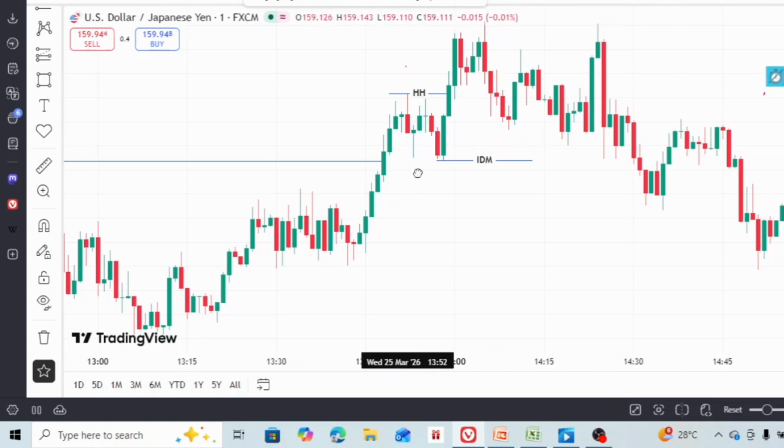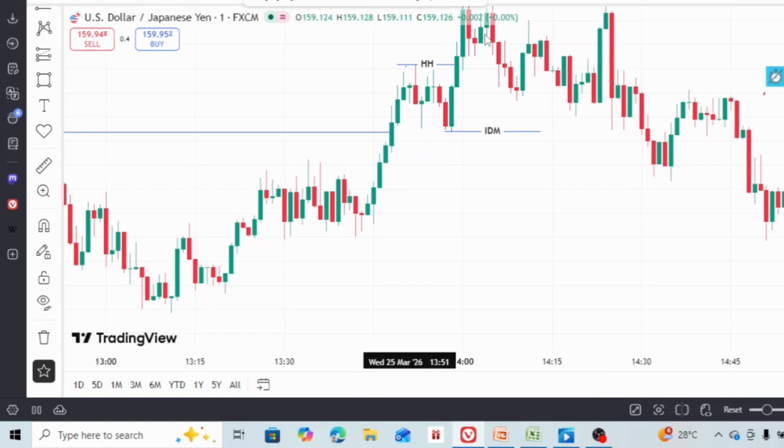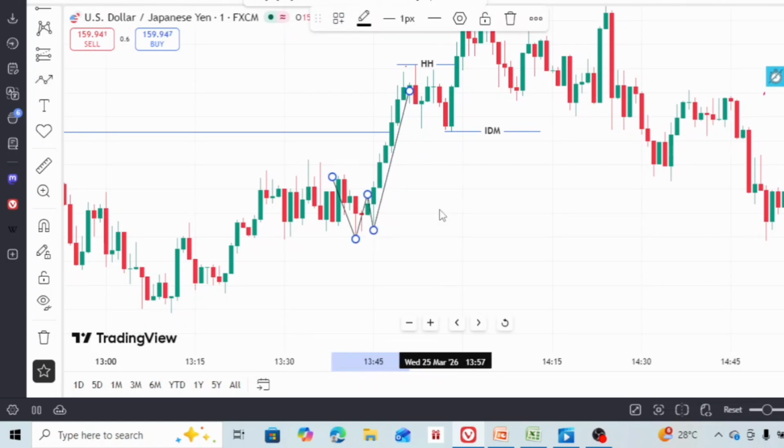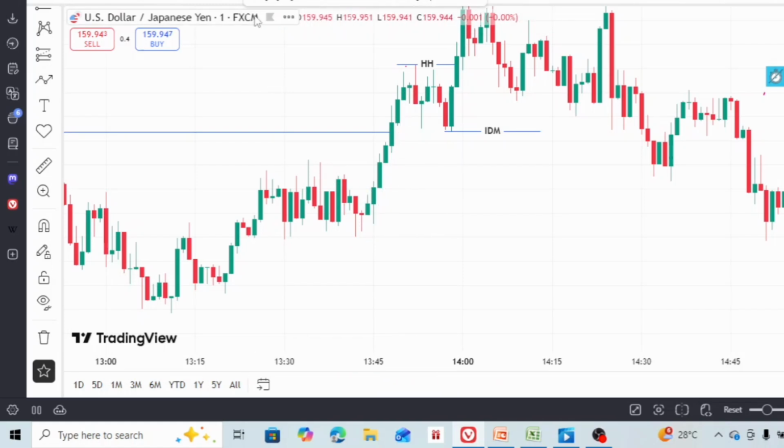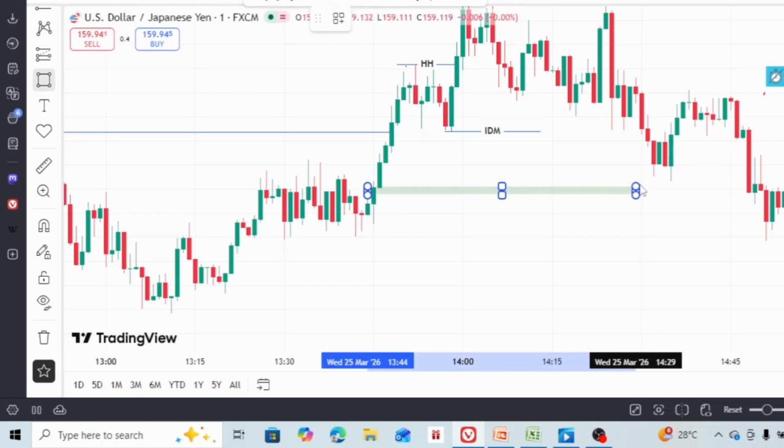So below this, where is the first pullback? Okay, so we have the pullback here. If you look, the market was moving down here, and then it went up, and then it went down, and then it went up, right? We have discussed that even if there is no gap, if there is a long wick, then we can consider taking it as an order block. So here we have the pullback, also we have the gap here.